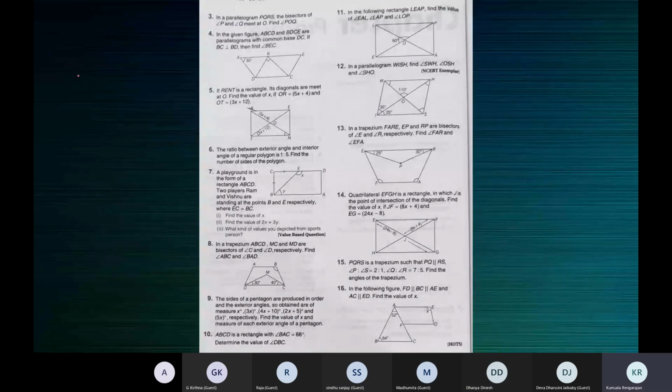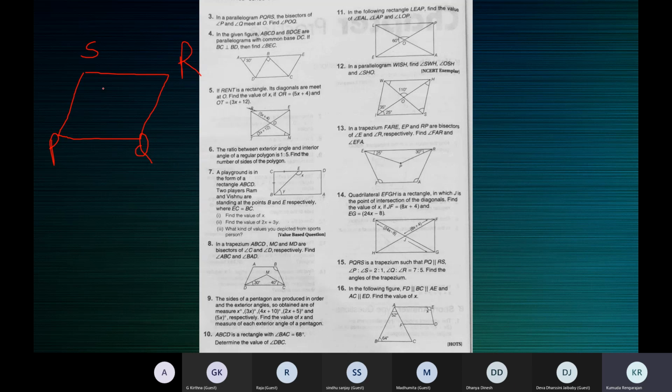So you need to first draw the figure. Let's take a parallelogram like this. We need to name it PQRS.